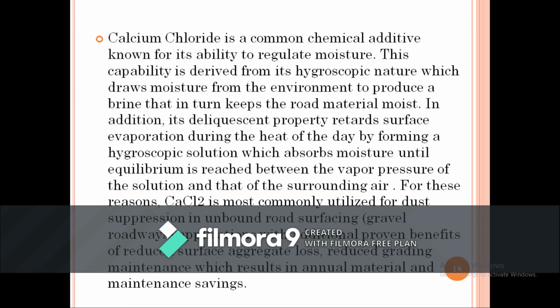This capability is derived from its hygroscopic nature, which draws moisture from the environment to produce a brine that in turn keeps the road materials moist. So here what is it? The capability of this material is to draw moisture from the atmosphere and then to create a moist environment on the road material. This is the main capability of calcium chloride.